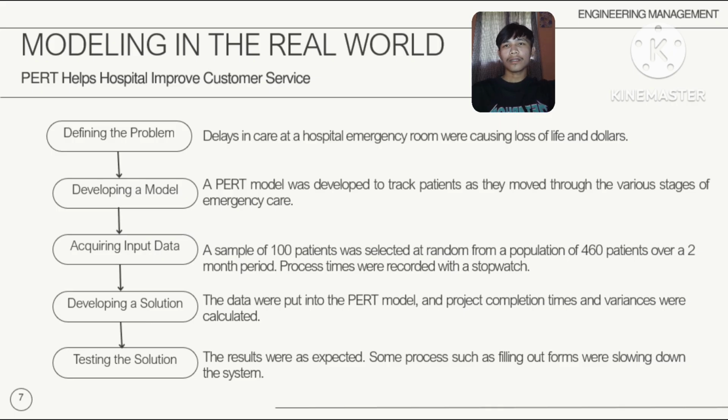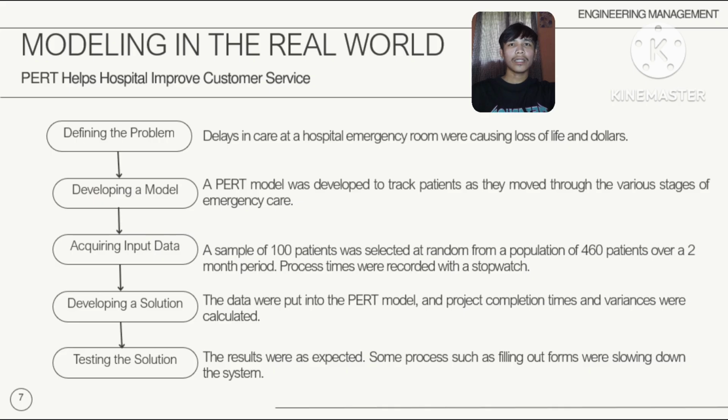Second is developing a model. A PERT model was developed to track patients as they move through the various stages of emergency care. So to solve this, the hospital management team chose the PERT model. First, they created a WBS to list every single activity a patient goes through, from walking into the ER to being discharged or admitted.